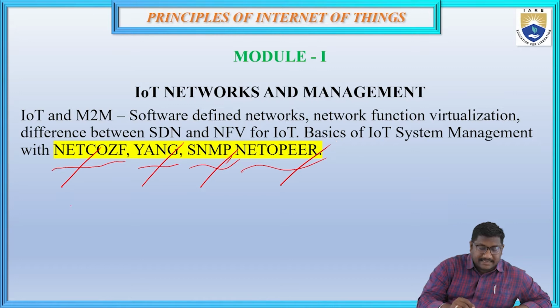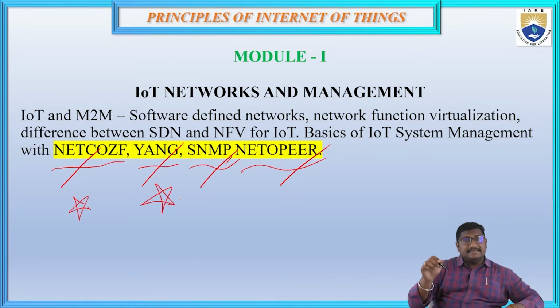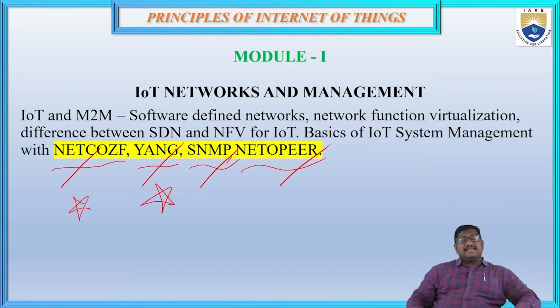Along with that, we will learn in detail about NETCONF as well as YANG in this class. I'll just give you an overview of SNMP, NETCONF, the YANG model, and NETOPEER before entering into detail about these in IoT system management.